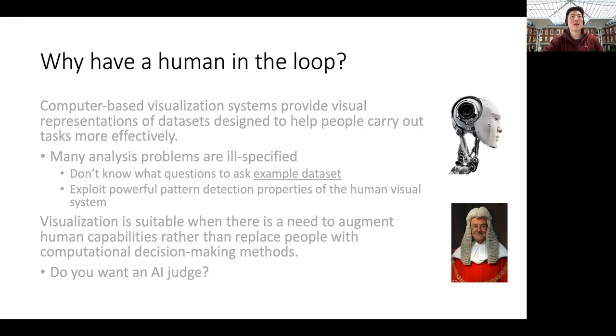Actually, can I see a show of hands? If you think you are happy to have a completely AI judge, please select a tick in the participant list. If that's not the case, please tick no, the cross. Come on, please keep going.